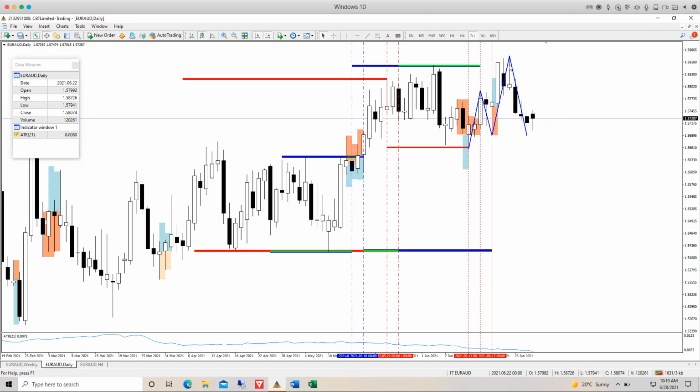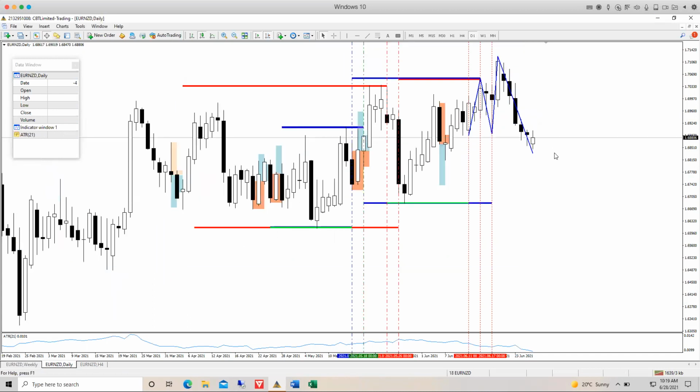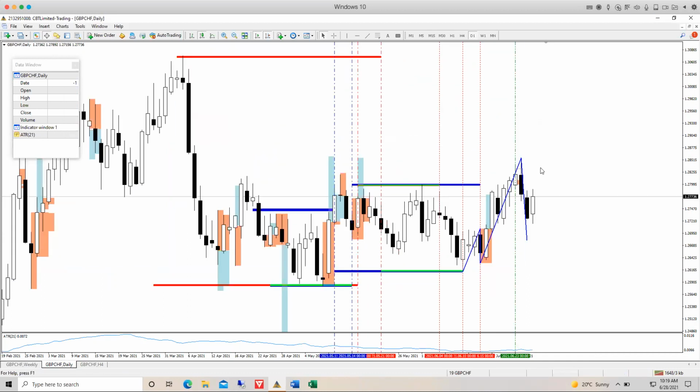As you can see, Monday and Tuesday, it tested that resistance level before rolling over and coming back inside of the channel. So yeah, nothing there at all. And Euro New Zealand dollar, similar picture, slightly more extreme, but same thing. Outside close, Monday just came straight back inside of the channel, and everything else since then has just been a follow-on from that. Right, so that's the Euro crosses.